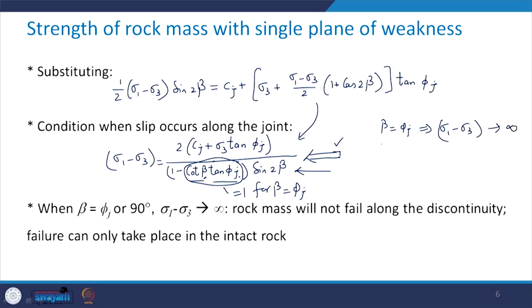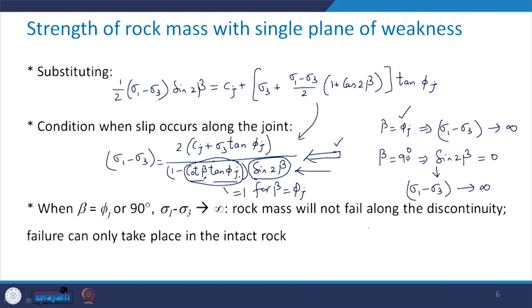Then you take another value of beta, say 90 degree. Substitute beta equal to 90 degree. Take a look at sine of 2 beta, this will become equal to 0. So again in this case sigma 1 minus sigma 3 will tend to infinity. What does this signify physically?